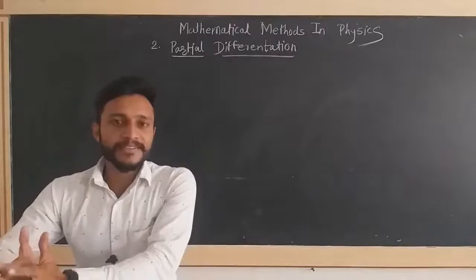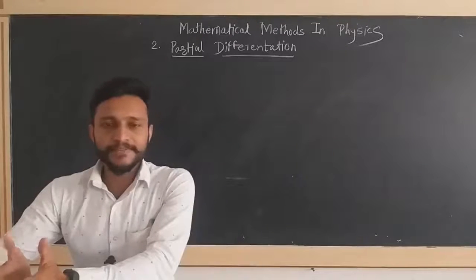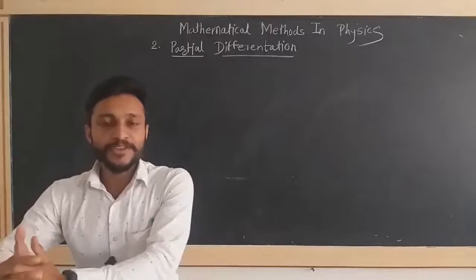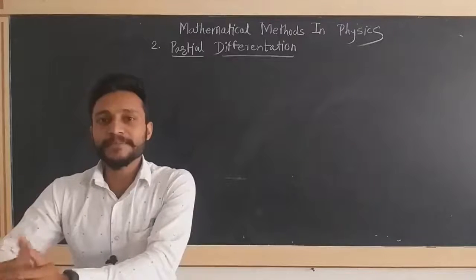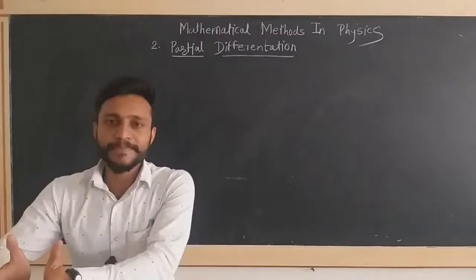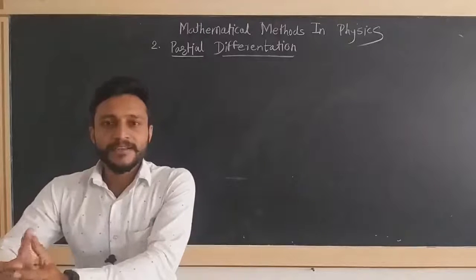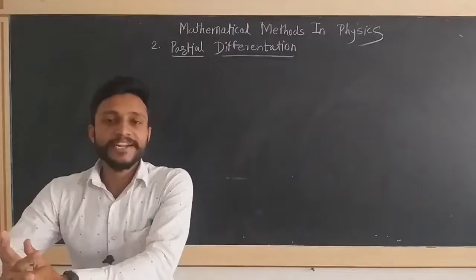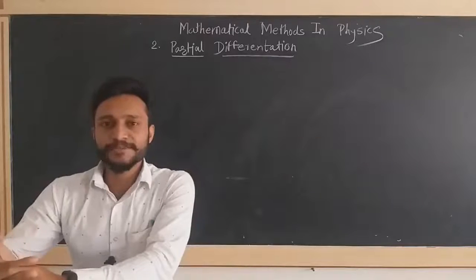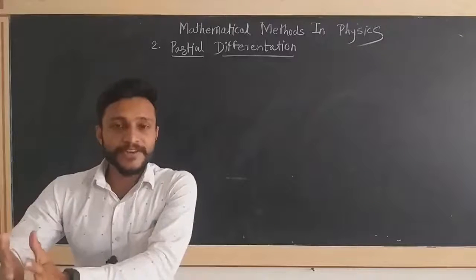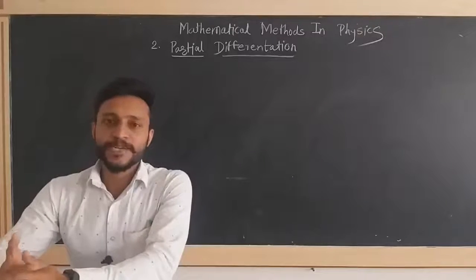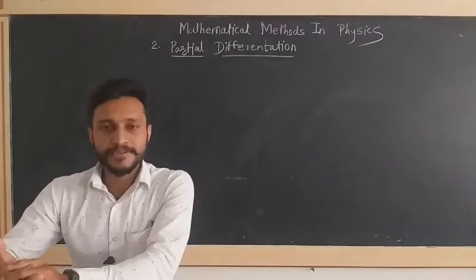Velocity is nothing but the rate of change of displacement with respect to time. So here displacement depends on time, or velocity depends on displacement. Acceleration is the rate of change of velocity with respect to time. So here velocity is changing with respect to time, so we will get acceleration.